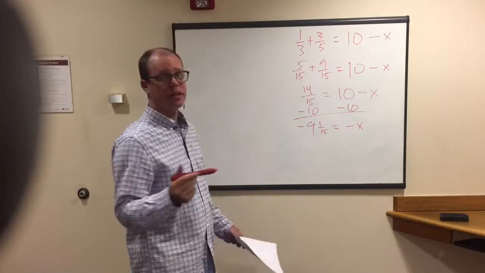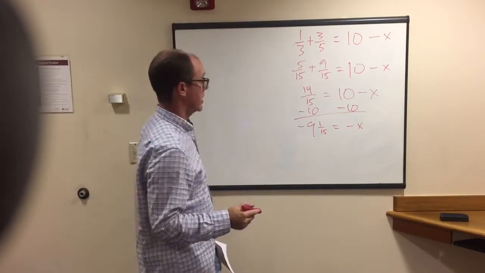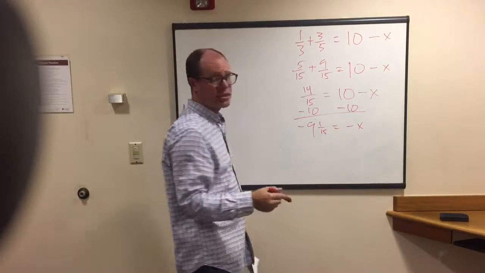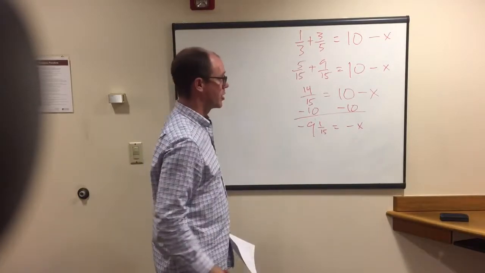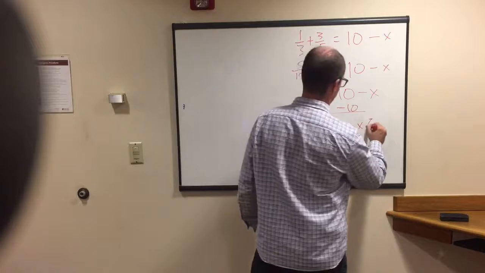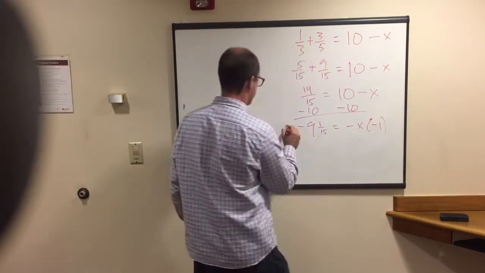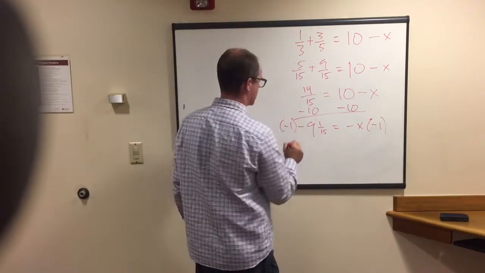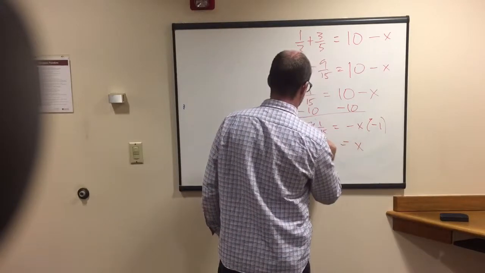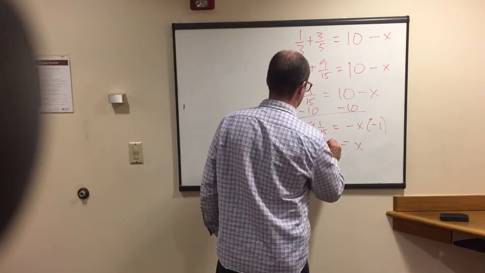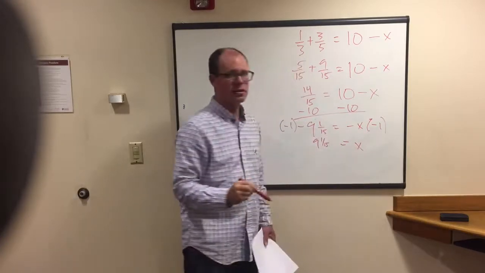And then the only thing that we have left is it's a negative x, so we want to multiply that by -1, and that will make it positive, because we want to solve for x here, right? So times -1, then we have to do the same thing to both sides always, times -1, and then we have x equals 9 1/15.